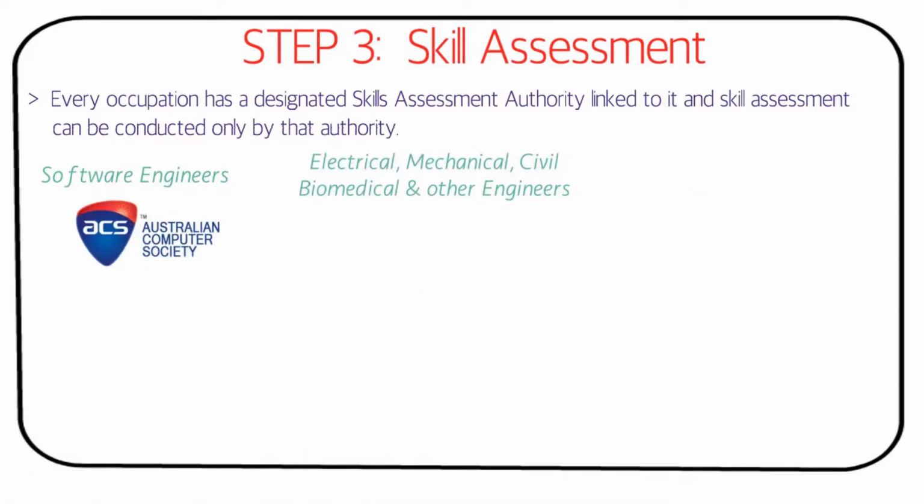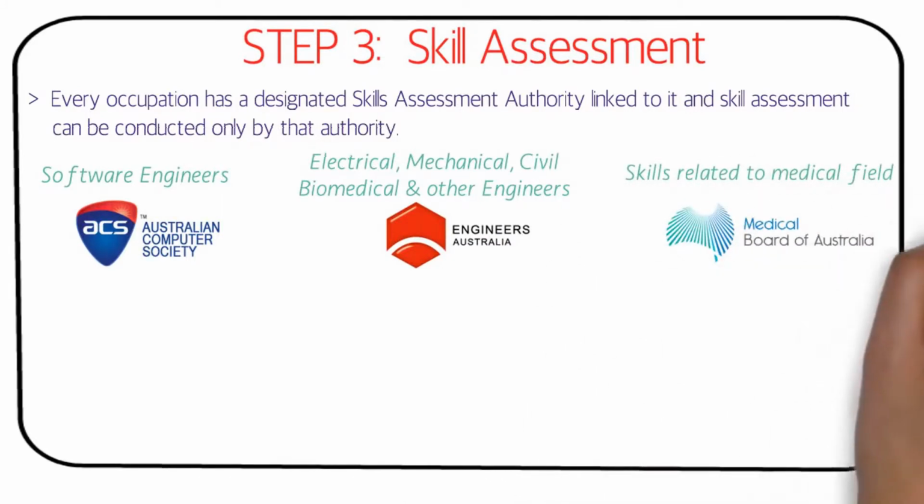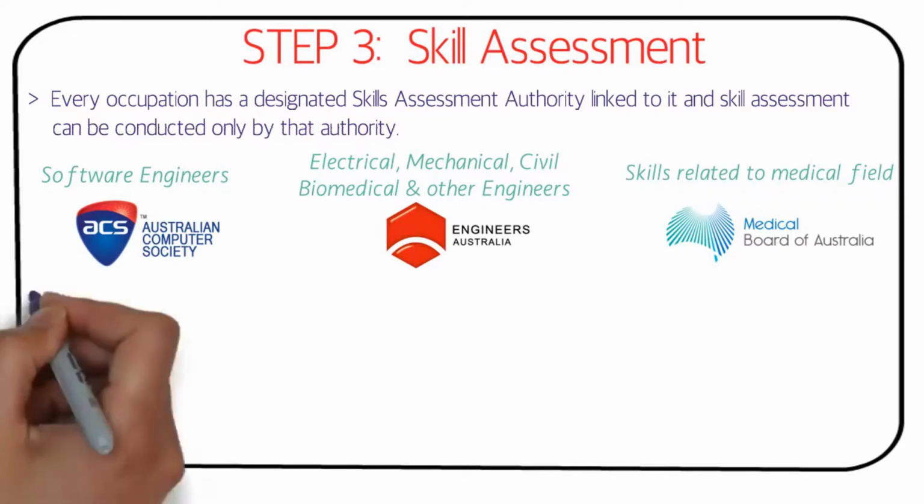For electrical, mechanical, civil, biomedical and other engineers, it is Engineers Australia. For skills related to the medical field, there's the Medical Board of Australia. These are just 3 examples. When you find the occupation, you'll find the assessing authority over there, so it's very easy. I'll explain in detail in my next video how to find it.